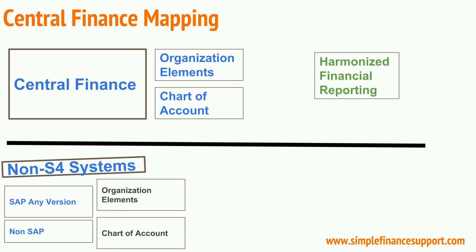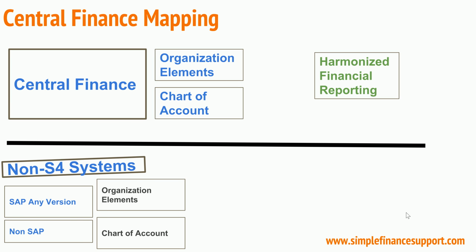In every system, when you have operational data, you will have some organizational elements. Sometimes you call them company codes, or sometimes legal entities. For example, in Oracle systems you call legal entities ledgers, set of books, like that.